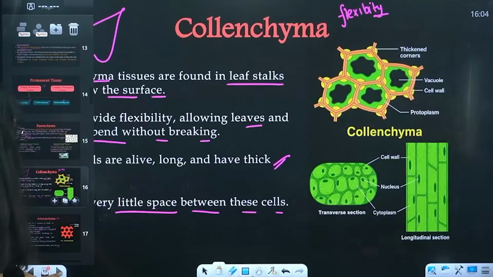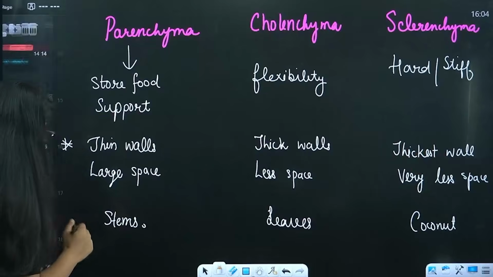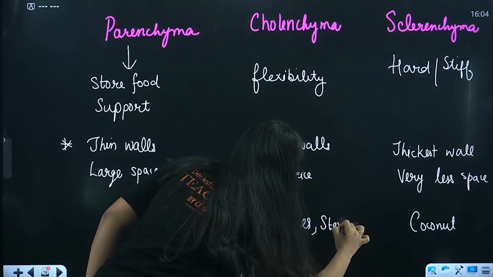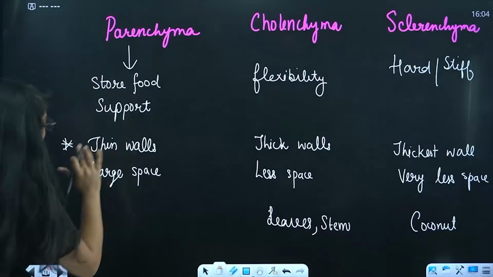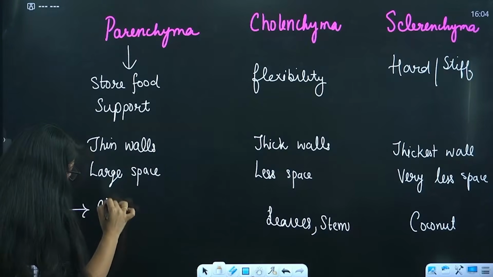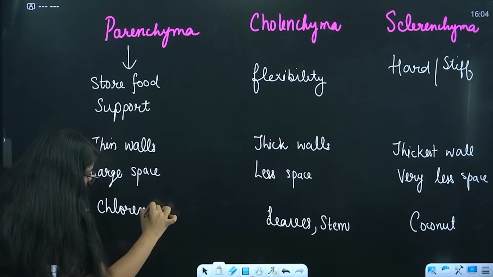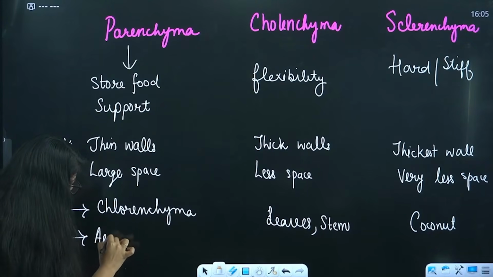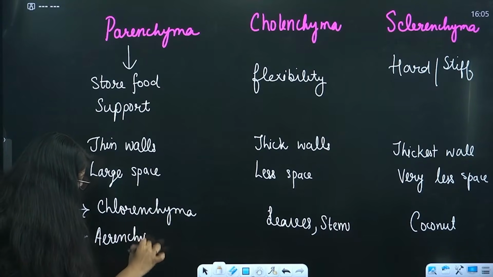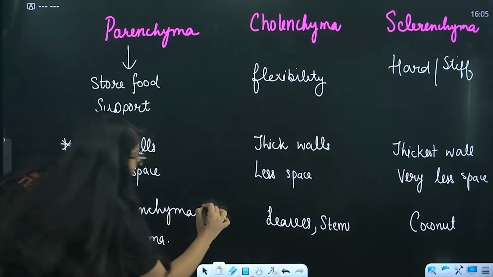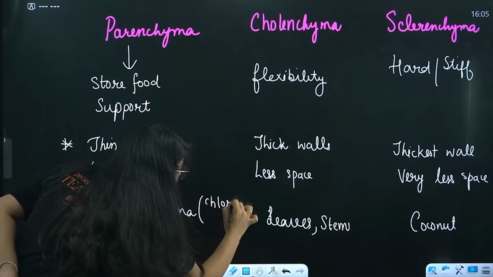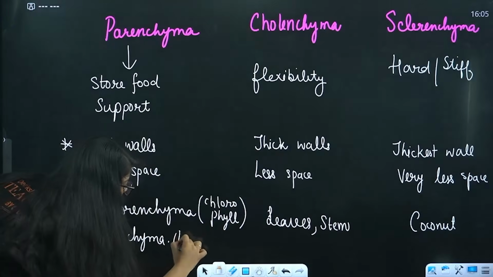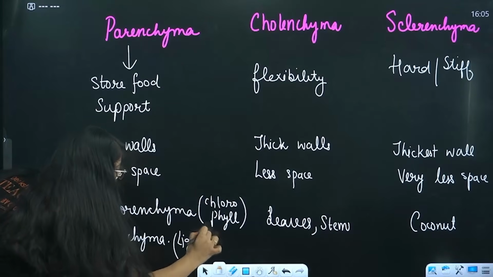In parenchyma we have two types: chlorenchyma, which has chlorophyll and performs photosynthesis, and aerenchyma, which is lightweight and makes it buoyant.